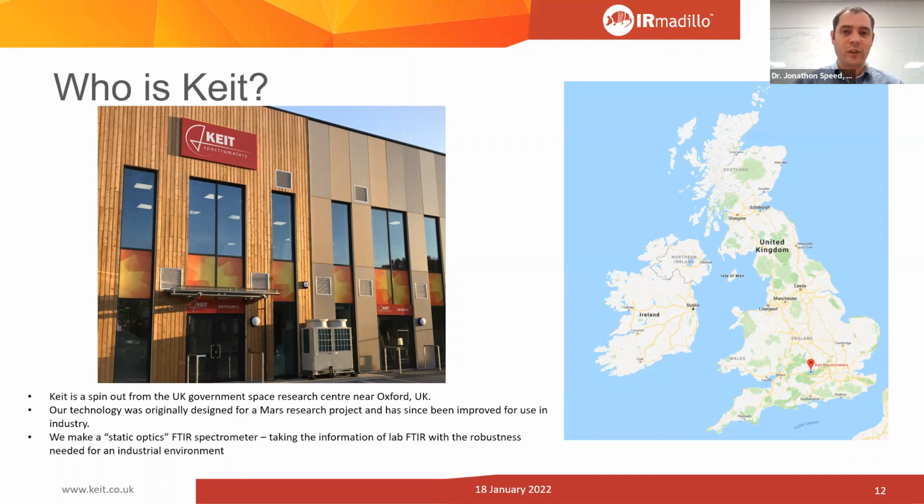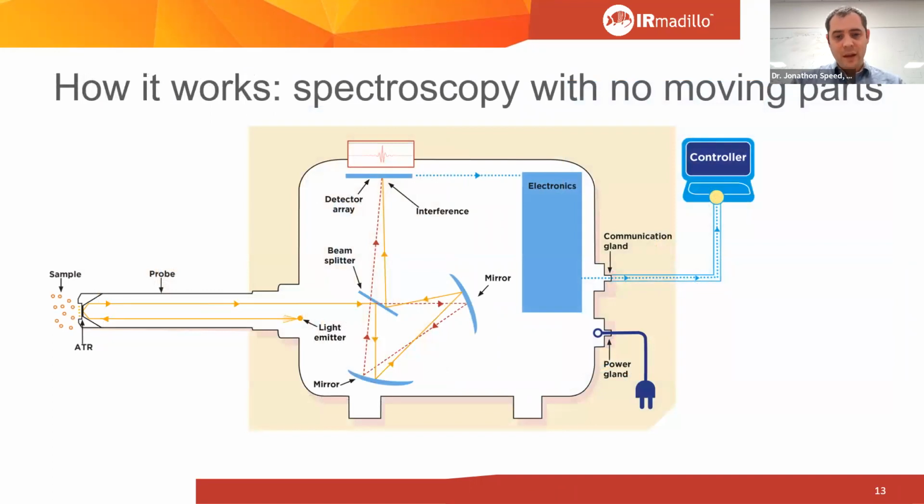And that's the fundamental principle of the static optics spectrometer, which is here. The way this works, this is a relatively simple drawing. We start at the light emitter, and light is created by that, and it goes down the end of our probe and into this ATR that I mentioned. The ATR interacts with the liquid, and light absorption happens.